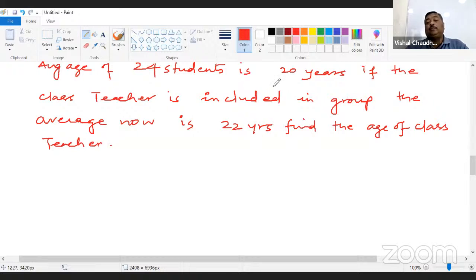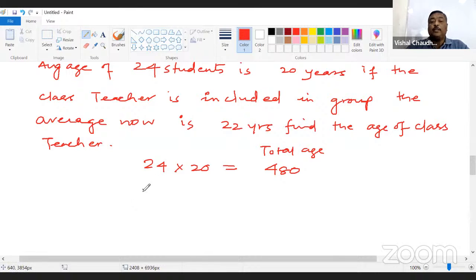Okay, 24 students. So 24 students, average is 20. So your total age will be 480. Is it clear? 24 into 20, that is 480. So when the teacher is included, that is 25 people. When the teacher is included, the average becomes 22.